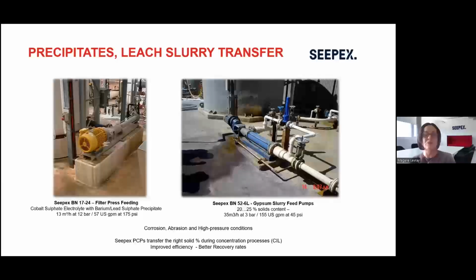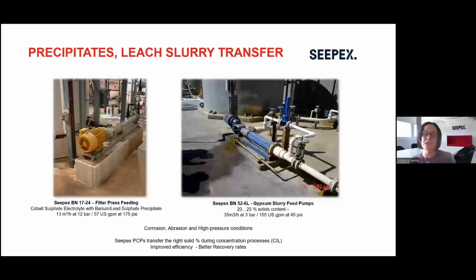Here are a few examples: cobalt sulfate electrolyte with the precipitate, so corrosive and abrasive, and gypsum slurry transfer, where again we have abrasive particles. It is also very handy for controlling the recovery rate in all concentration processes, like the carbon in leach process, where it is extremely important to transfer the right solid percentage to make sure we will have the right recovery rate.